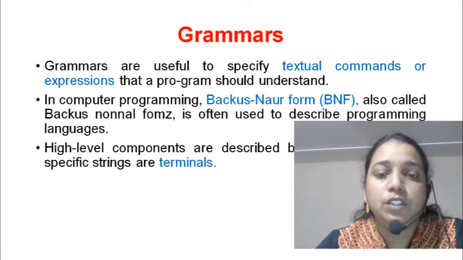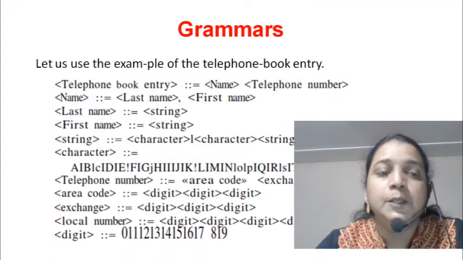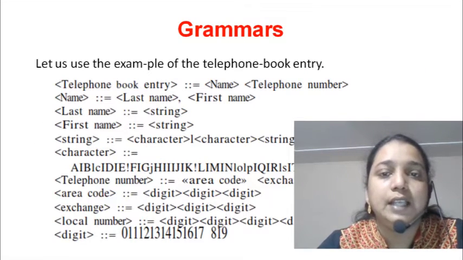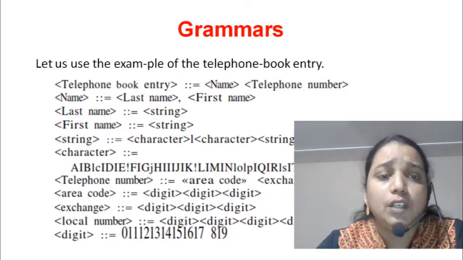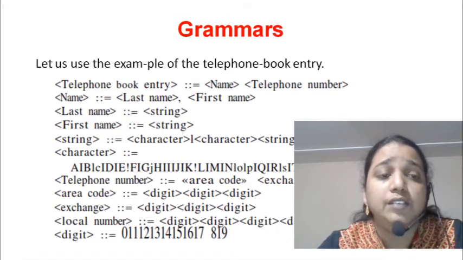High-level components are described by non-terminals and specific strings by terminals. For example, let us see the example of a telephone book entry: name, telephone number. In that, name has a last name string and a first name string, and we have to enter what type of data, whether it is a string or something else.